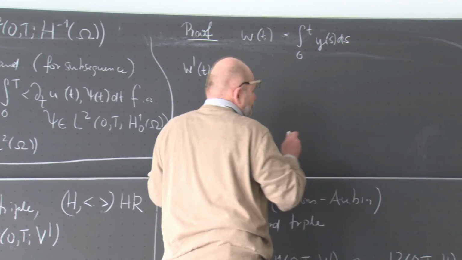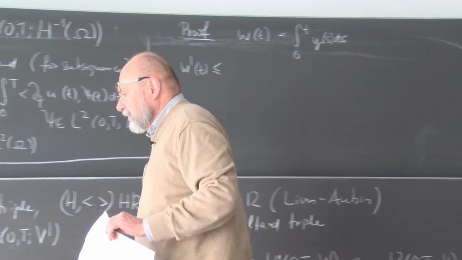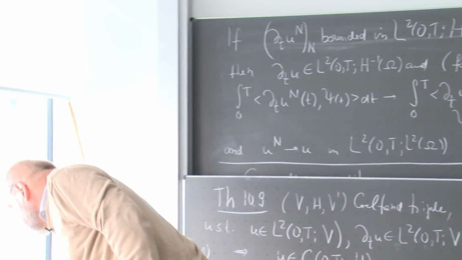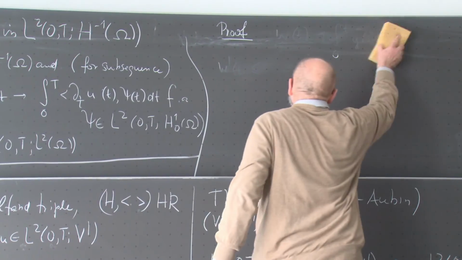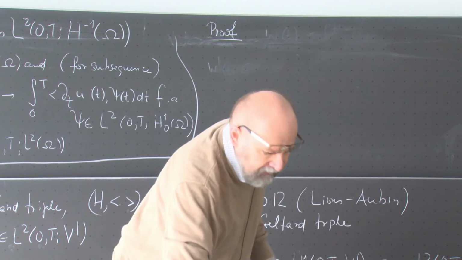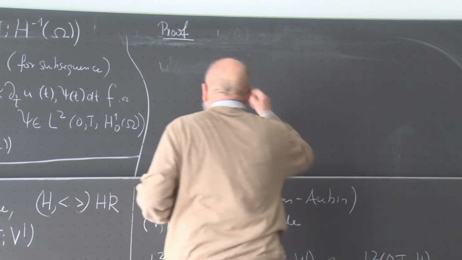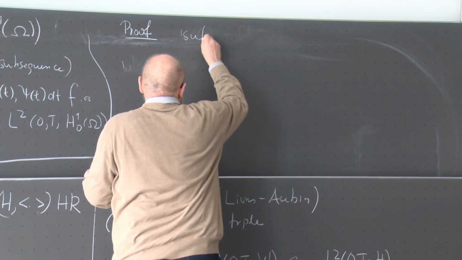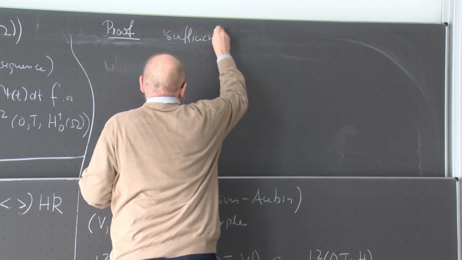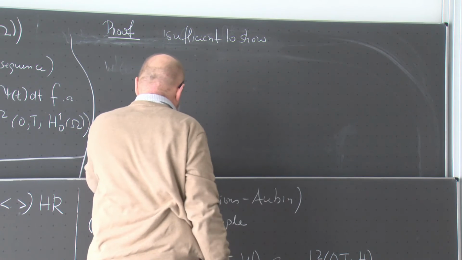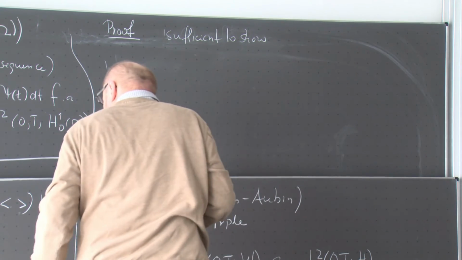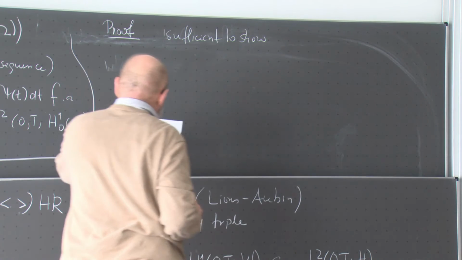I claim it's sufficient to prove the following. It's sufficient to prove a special situation. This I leave to you to check, that it's really sufficient to do that. So what I do is, so to speak, I leave away the y0.